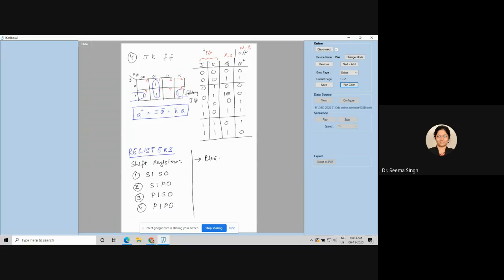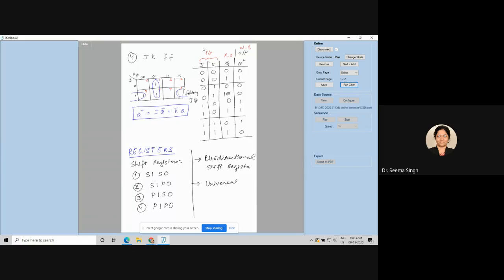So I will write it is unidirectional. I told you that there is an importance of how the data is moving. So the first one I will teach after these 4 registers is the unidirectional shift register. And the second one will be, because it is important how the data is moving, the universal shift register.